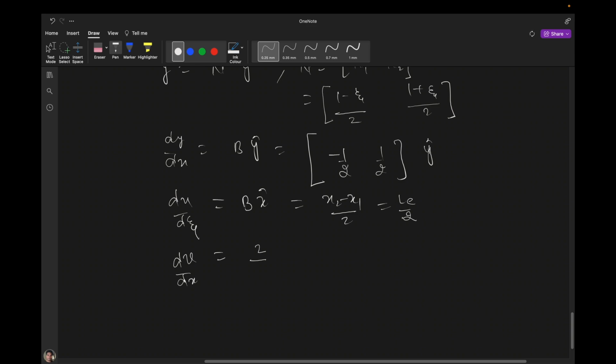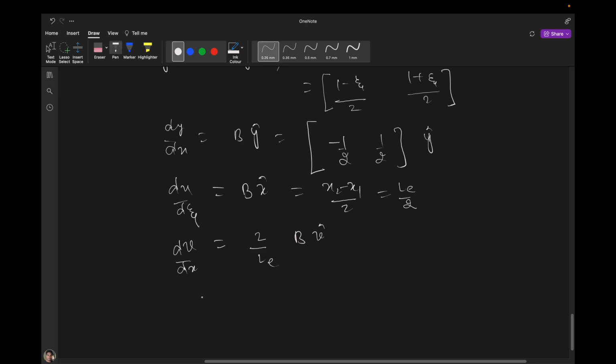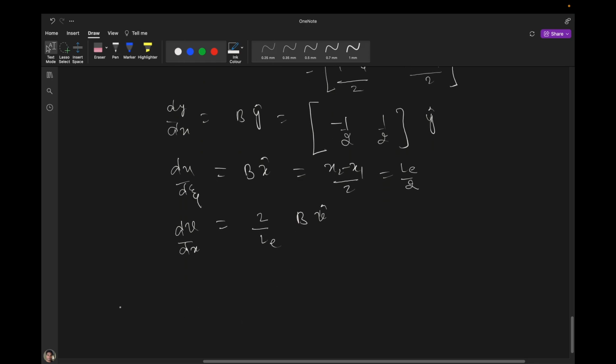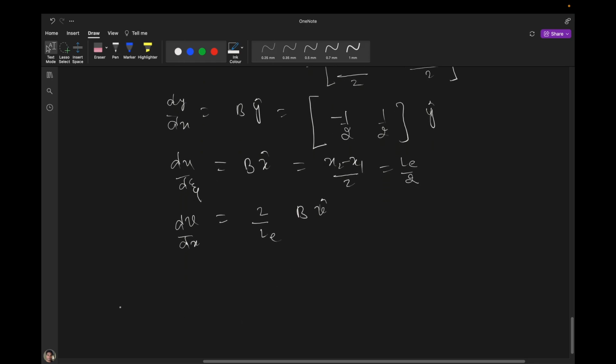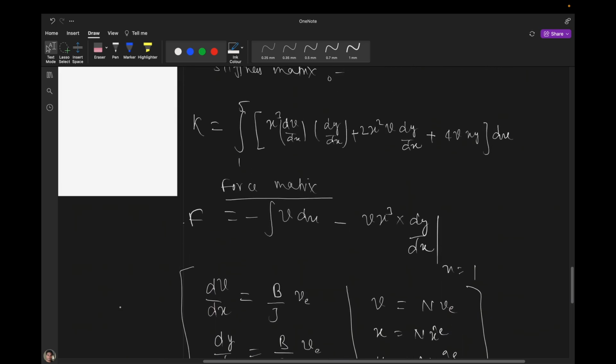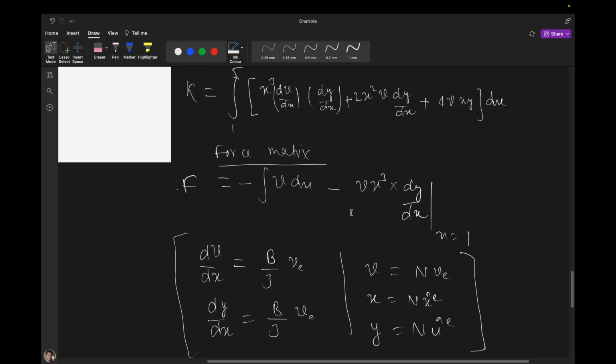So 1 by j is nothing but, j is nothing but what? le by 2. So that will become 2 by le, 2 by le b v. Okay, now I can assemble everything directly in this stiffness matrix and force matrix.